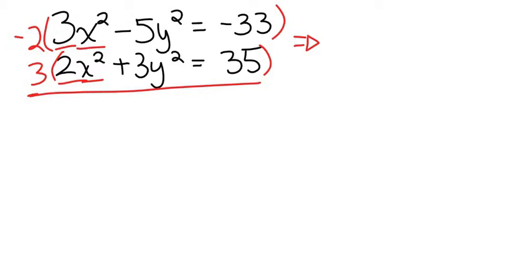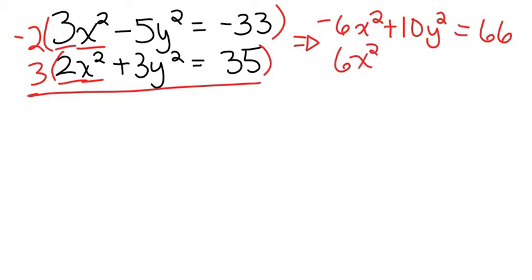So this is going to yield negative 6x squared plus 10y squared equals positive 66. Then we have a positive 6x squared plus 9y squared equals 105.